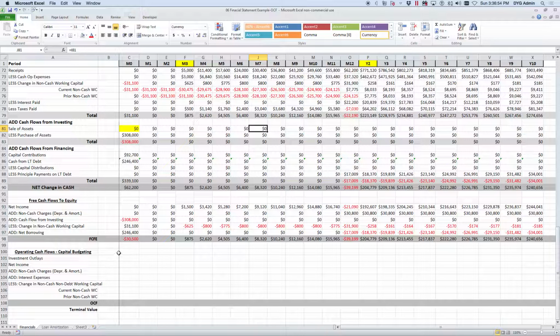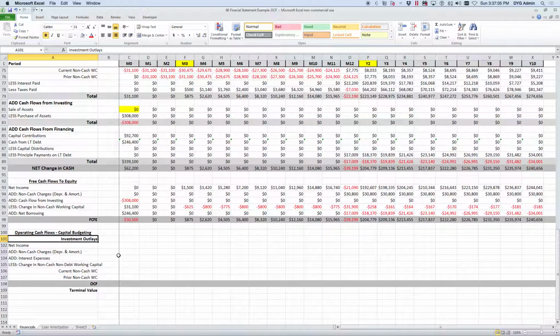So remember that for capital budgeting purposes, there are really three sets of cash flows we care about. There are the investment outlays. So whether that happens in period one or you have to do reinvestments later on, you want those to be picked up. There are the operating cash flows themselves. And then at the end of your forecast, you have to do something in terms of deciding what's going to happen with the cash flows that go on afterwards.